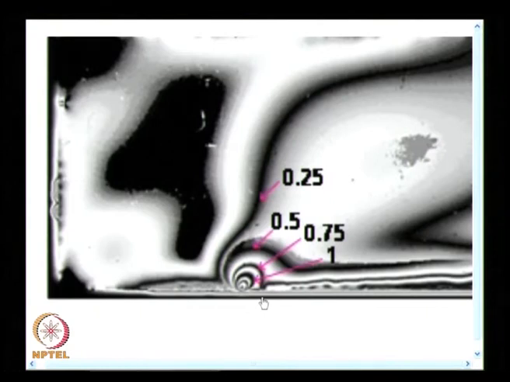So, by employing the color code, you saw only a small amount of information to start with, whereas when you determine the total fringe order at every point in the model, you are able to plot fractional fringe order contours, and you have a wealth of data to process and evaluate the stress intensity factor.